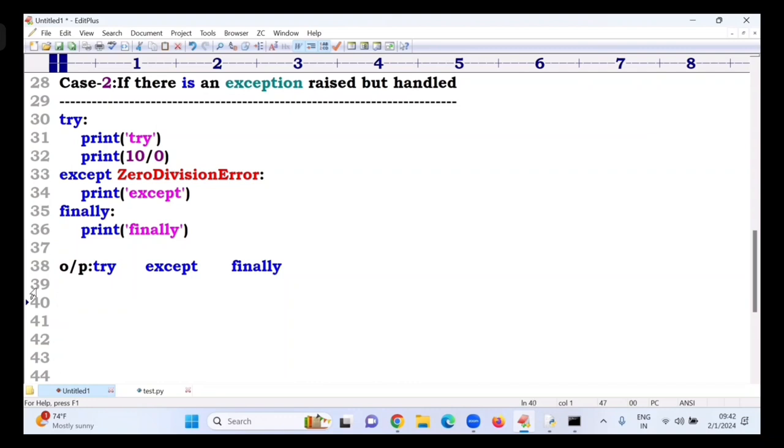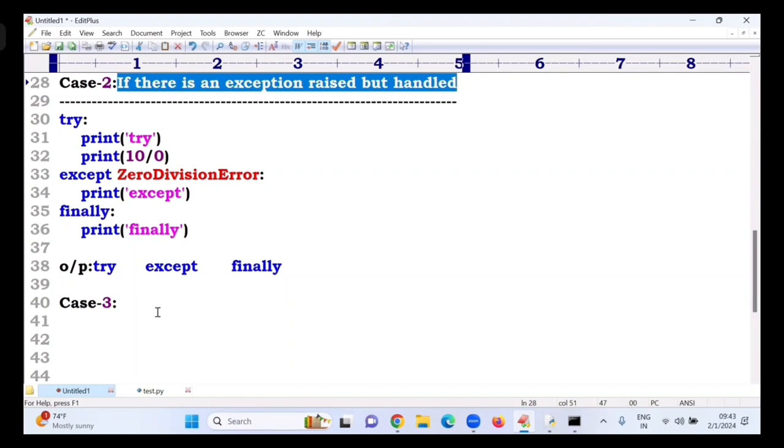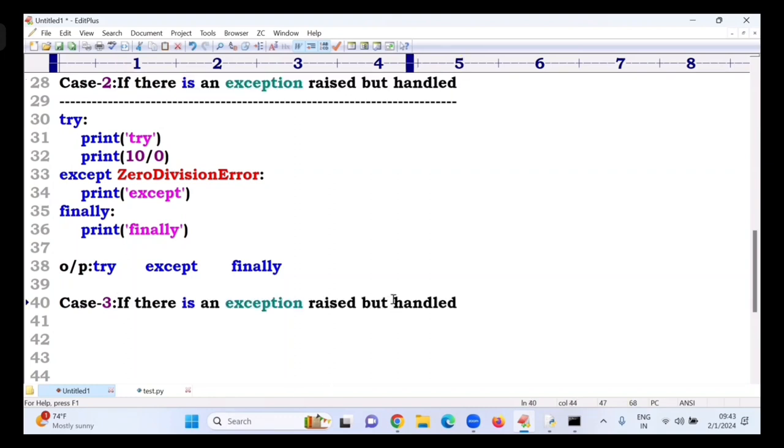Third one, case 3. If there is an exception but it is not handled, the class mismatches.